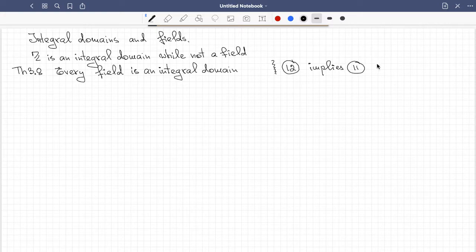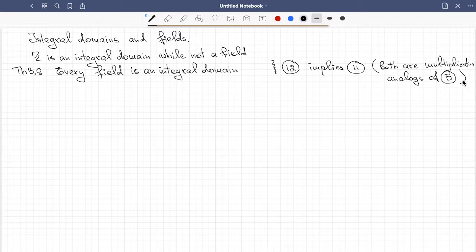Both are sort of multiplicative analogs of requirement 5 for the addition.